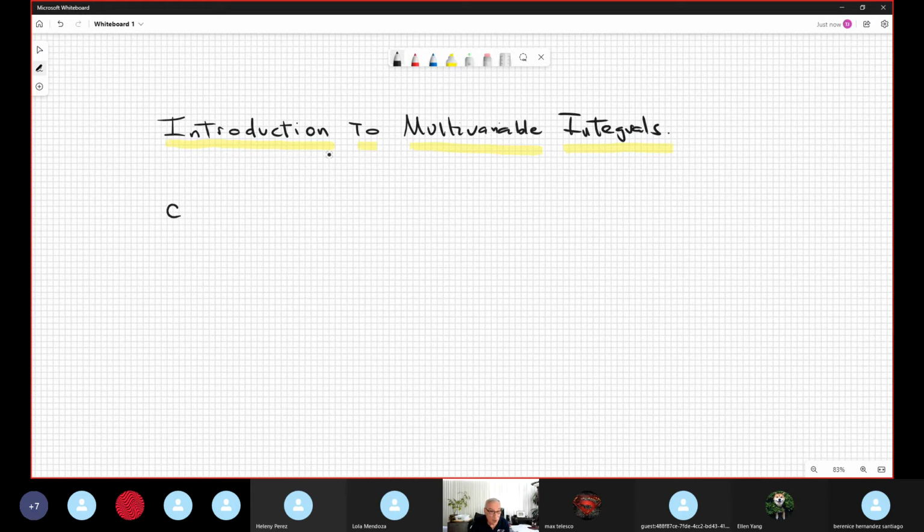For example, in Calc 1, we study the one-variable definite integral. Let me ask you, what is the meaning of this integral? I suppose 99% or 100% of the students say area under the curve. Yes or no? Area under the curve. Because the teacher explained 3,000 examples of the area under the curve.